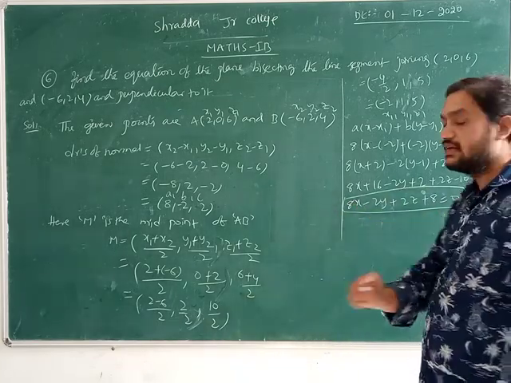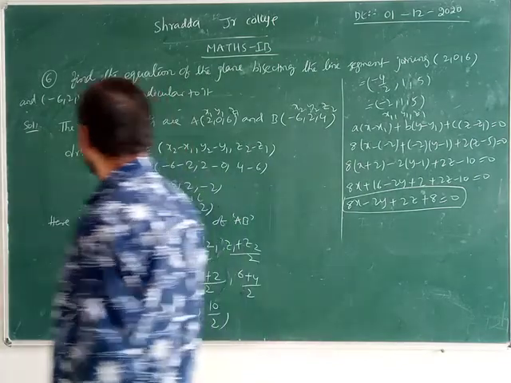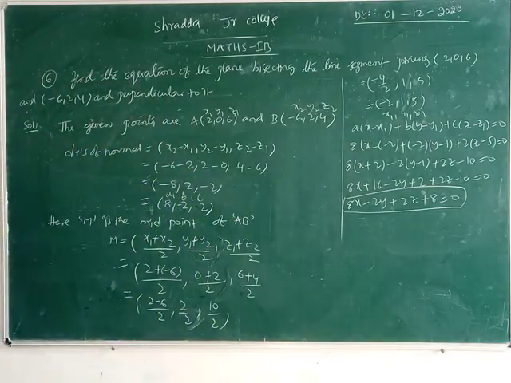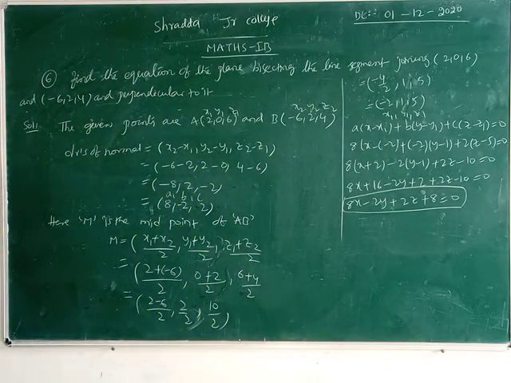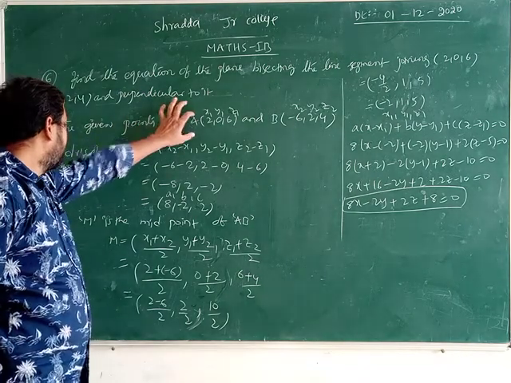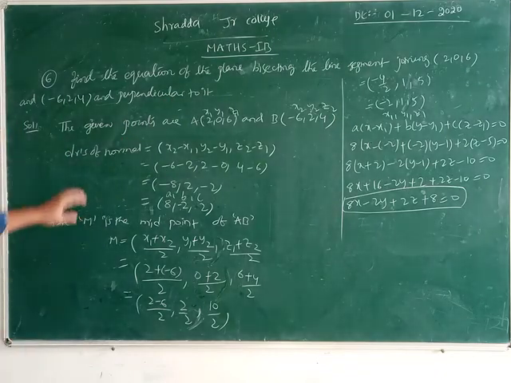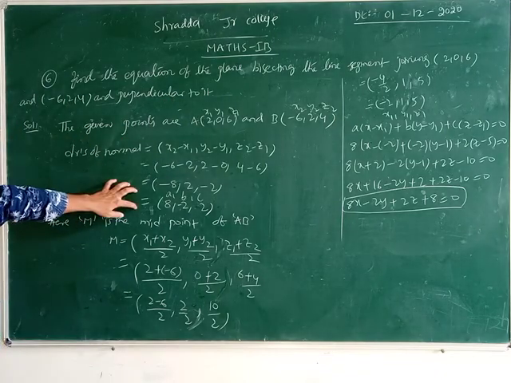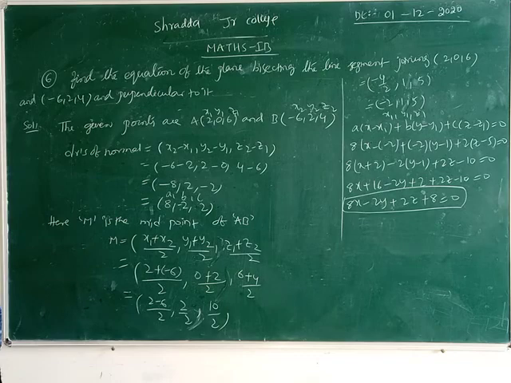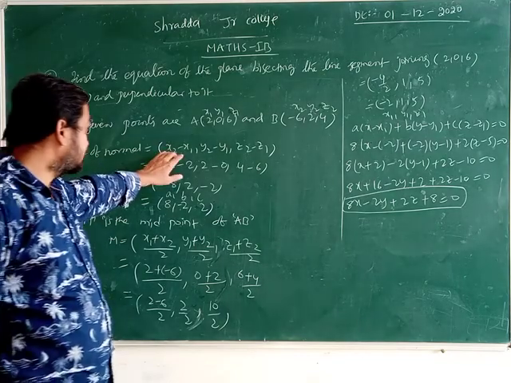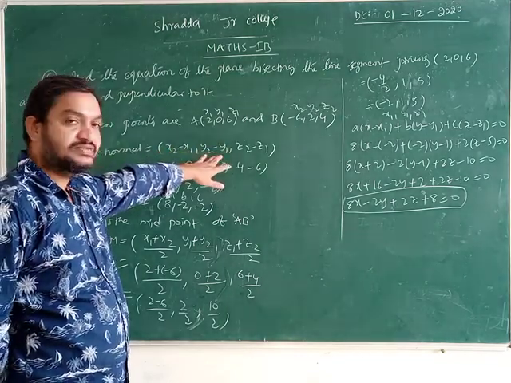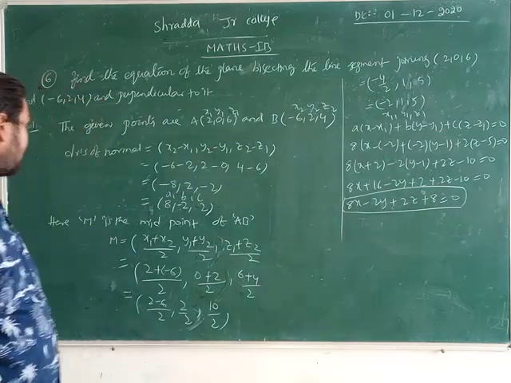Now this is our required equation of the plane. This problem is also important. See now, listen once again. Take the given points denoted by A and B. Next we have to find the direction ratios of the normal using the formula x2 minus x1, y2 minus y1, z2 minus z1.